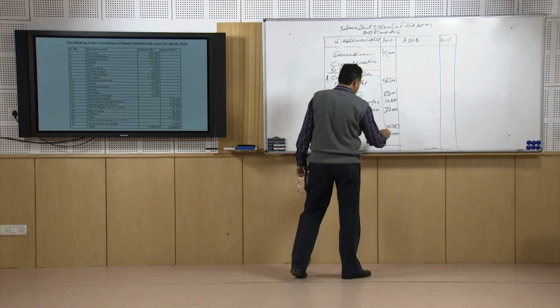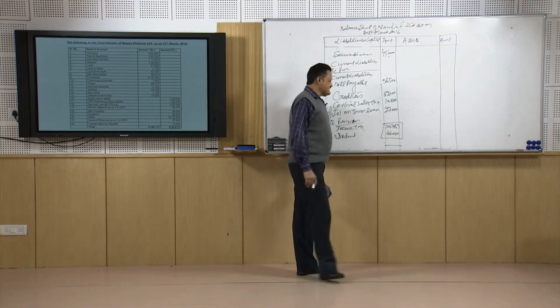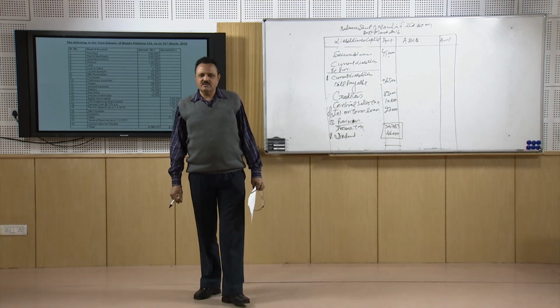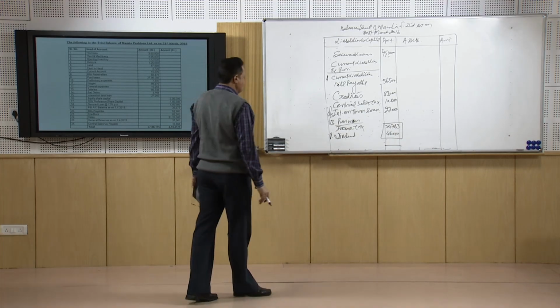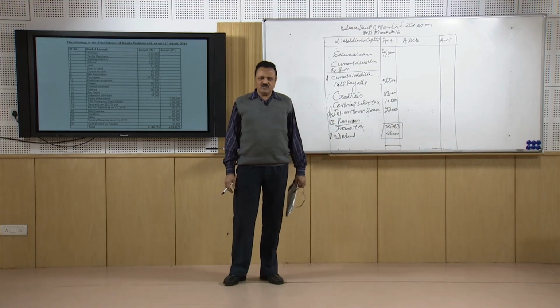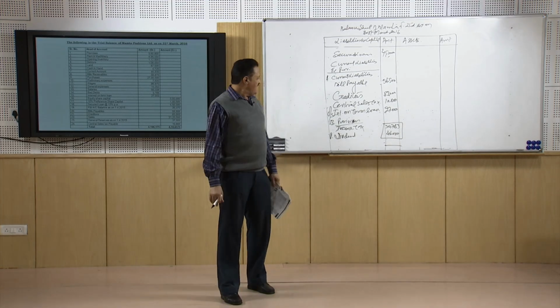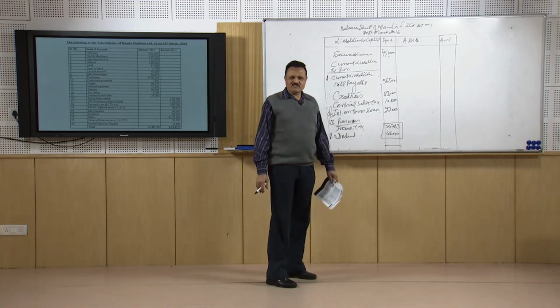Here is one important question: why have we shown the income tax and the dividend as a liability? See, when we subtracted this tax and dividend, tax was subtracted from the net profit in the profit and loss account, and we have debited the profit and loss account with the tax amount, and the proposed dividend was shown in the profit and loss appropriation account.